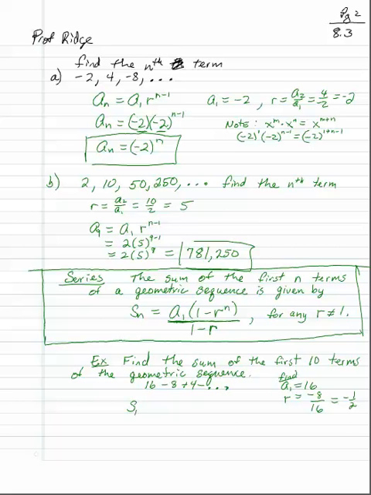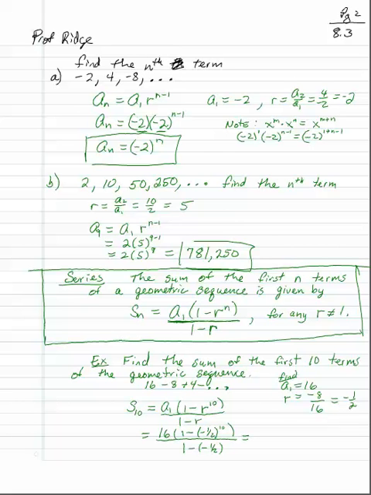So s sub 10, because we're doing the sum of the first 10 terms, is equal to a sub 1 times 1 minus r to the 10 over 1 minus r. So let's plug in a sub 1, which is 16, 1 minus negative 1/2 to the 10. Now notice how I put that in parentheses. Make sure you do that so you don't mess up the sign. And then 1 minus a negative 1/2.